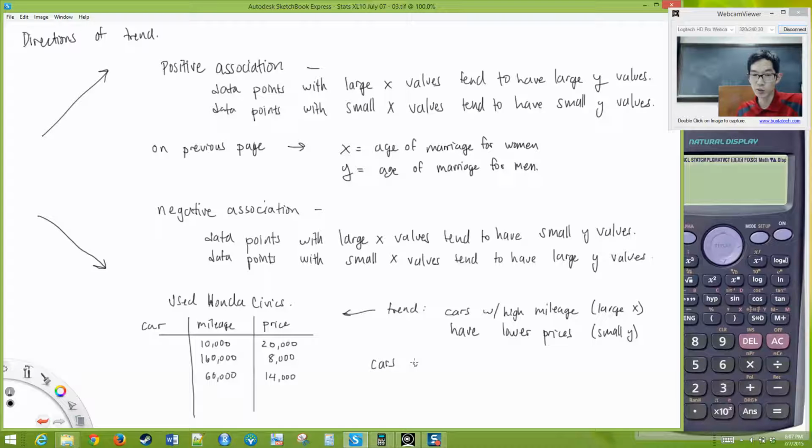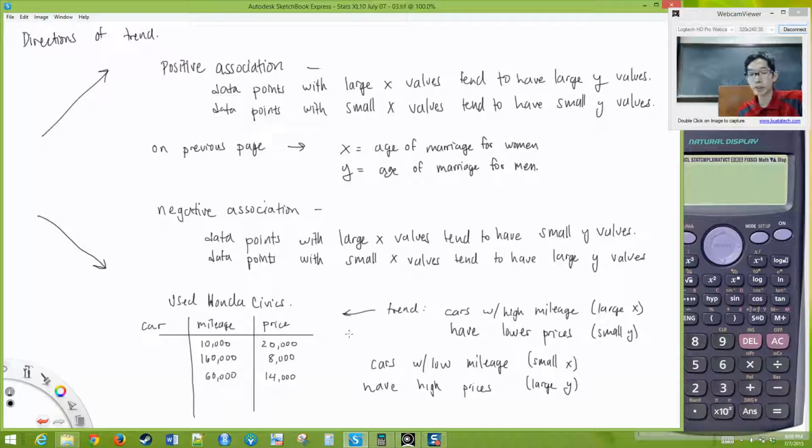Cars with low mileage, small x, have high prices, large y. So that would be an example of negative association. You have a negative association between the mileage and the price.